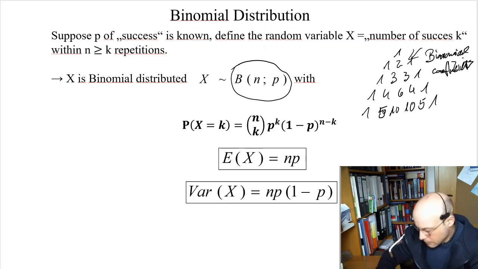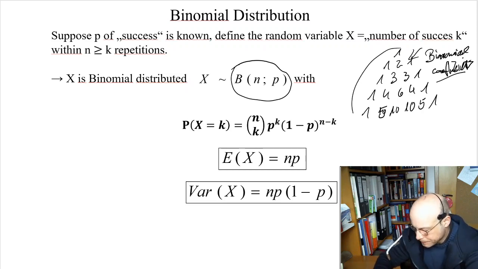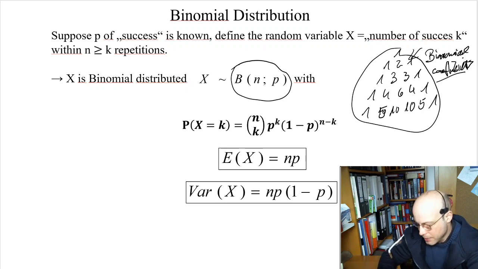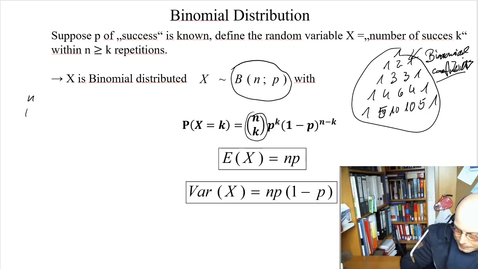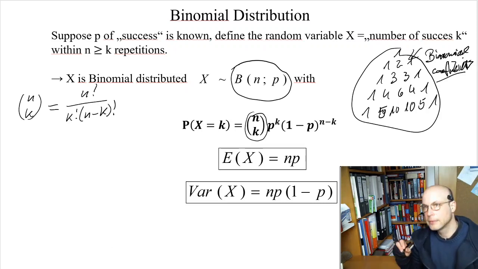This is one possibility to construct them, but we can also, if you are counting permutations, then you know that n over k is defined as n factorial over k factorial times n minus k factorial.